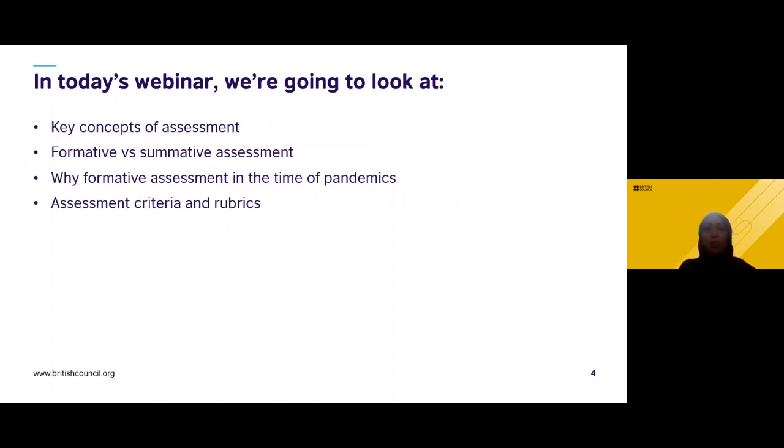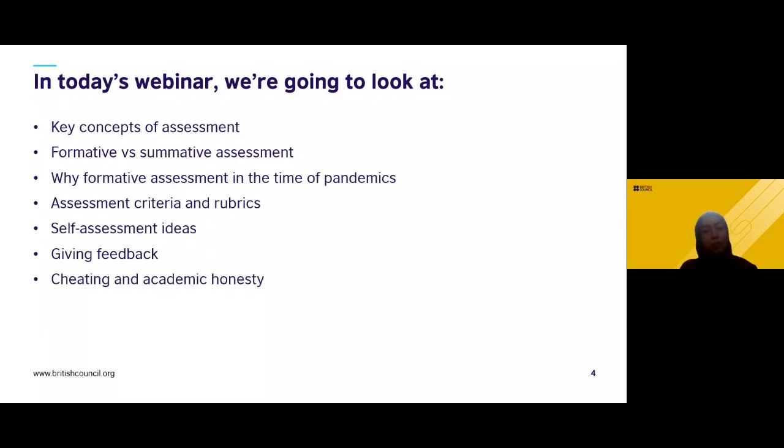We're going also to tap upon the difference between criteria and rubrics as two main concepts of assessment. We'll give some ideas for self-assessment. We'll talk about giving feedback and what effective feedback should look like. And we'll end the session by talking about cheating and academic honesty because it has been a burning issue. Whenever we talk about remote assessment, teachers come up with this question: what if students cheat simply because they're away? We cannot monitor them.